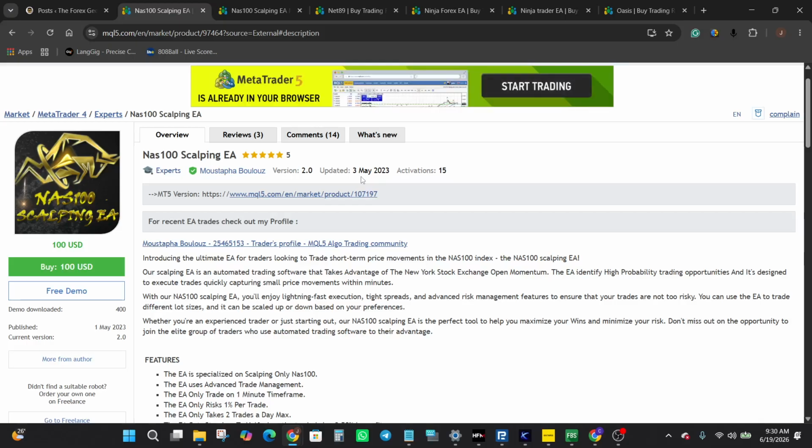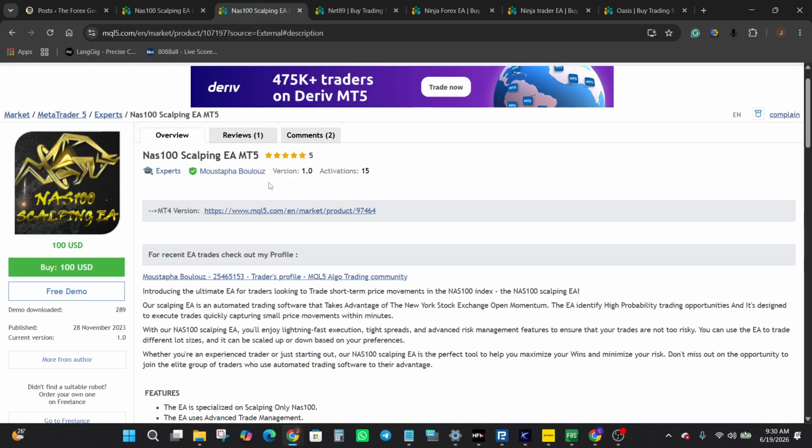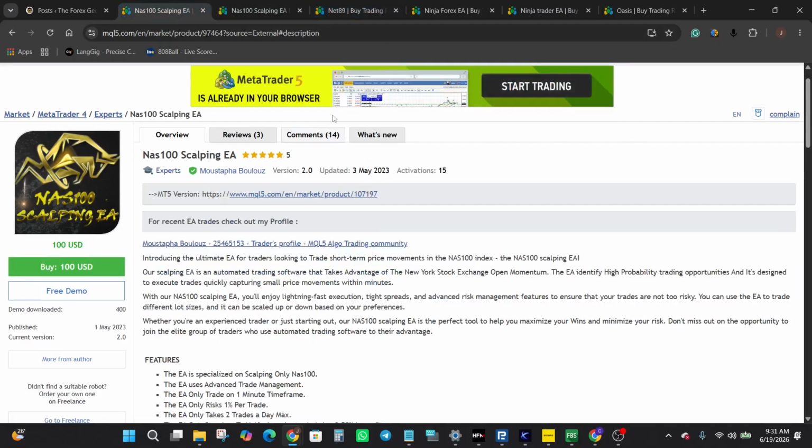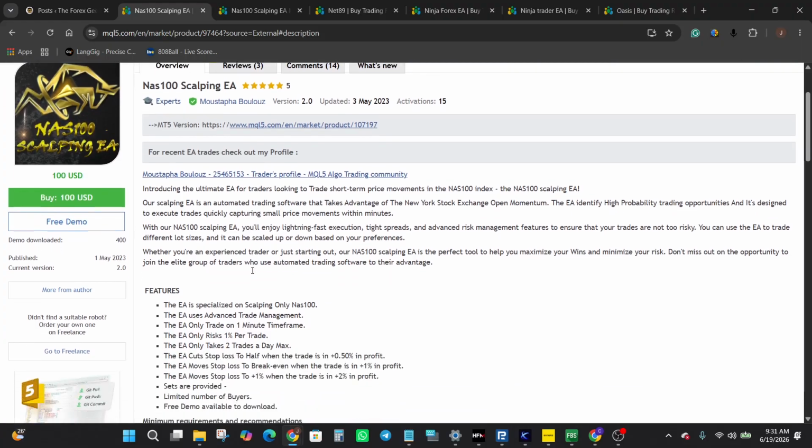The marketplace page also provides a separate MT5 version, which, as we can see here, is currently at version 1.0, same $100, 15 activations. Okay, but we are going to be focusing on the MT4 version, just for ease.